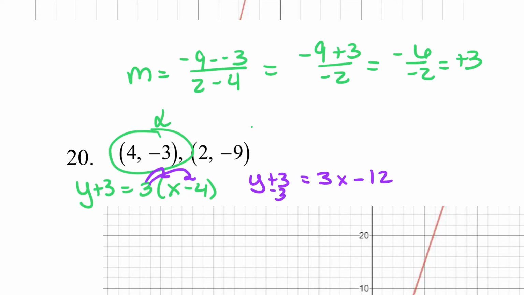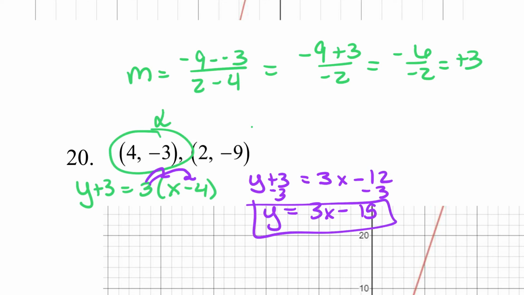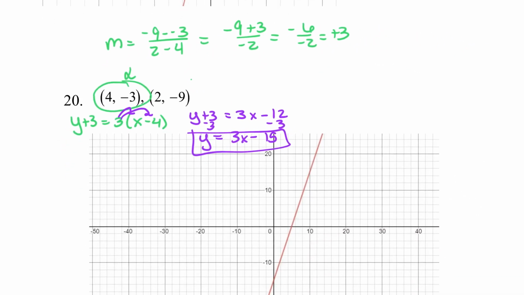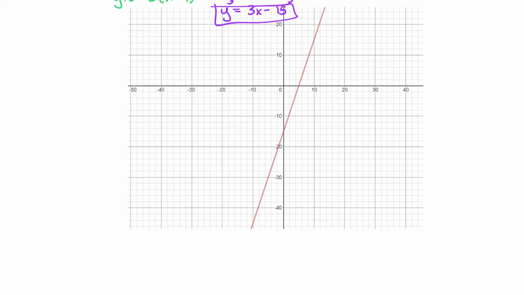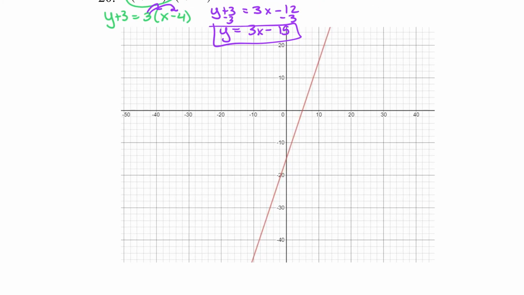Now I'm going to subtract 3. I get y is equal to 3x minus 15 as the equation of the line in slope-intercept form. So if you're going from point-slope to slope-intercept form, you first start by distributing that 3 and then getting y by itself. And that's what the graph of the equation of the line looks like.